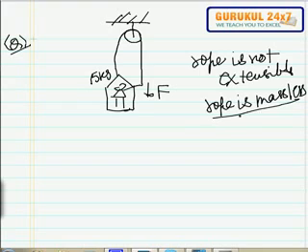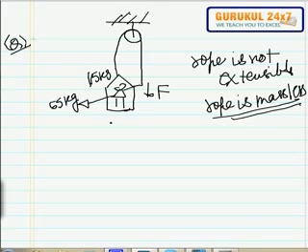Why we'll need this, we will get to know when we write equations. Now let's try to solve this thing. You can assume the mass of the man to be 65 kilograms. So we have a trolley which is 15 kilograms and the mass of the man is 65 kilograms.